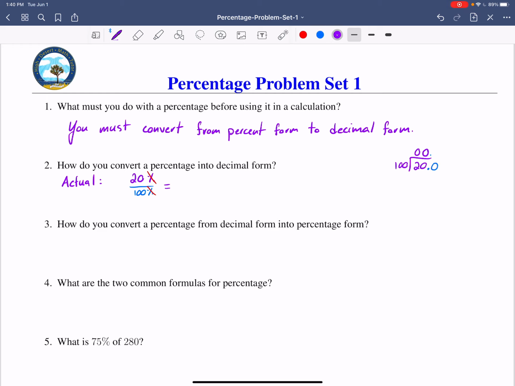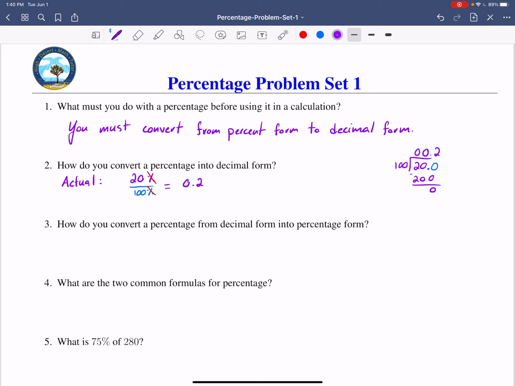And 100 goes into 200 2 times. So 2 times 100 is 200. We subtract that, and we have a remainder of 0. So 20 divided by 100 is the same as 0.2. So anytime you're converting a percent into decimal form, you divide it by 100%.